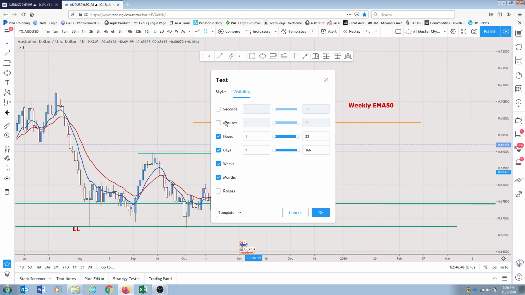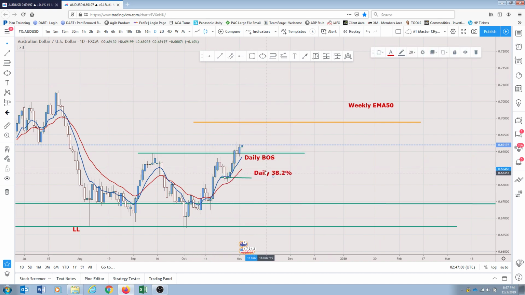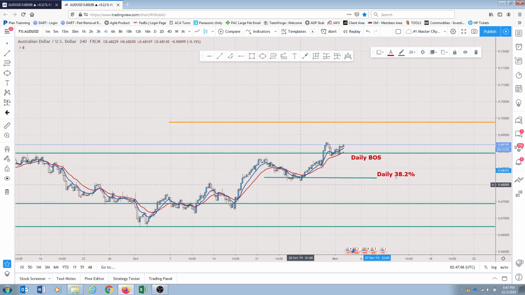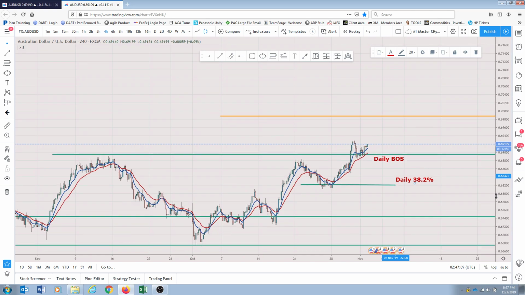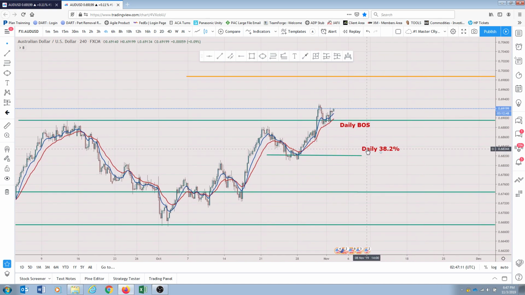Make sure whatever time frame you want it to show on, this visibility is set to the right time frame. If you want it on the daily chart, make sure the daily is checked on here. So now, because I made my notation here on the daily chart, I'm going to drop down to the 4-hour. And because I made my notations on the higher time frame, I know that, hey, this level is significant.